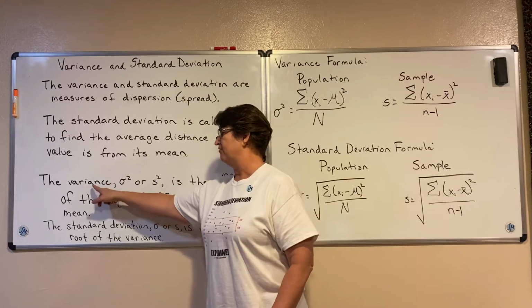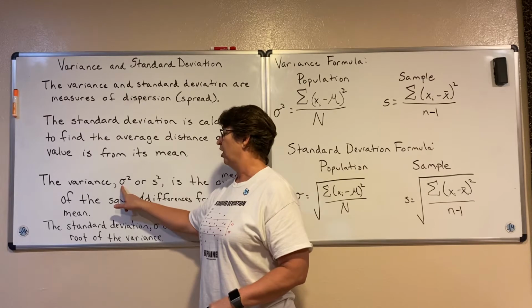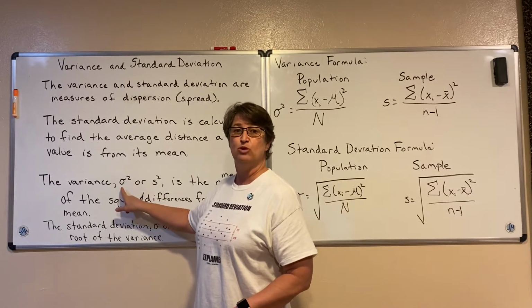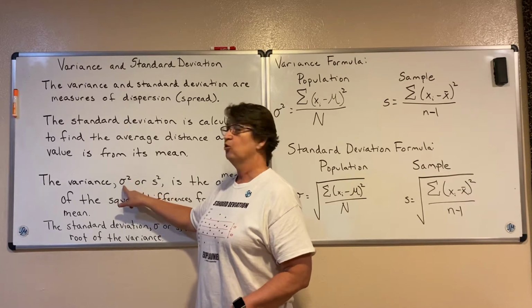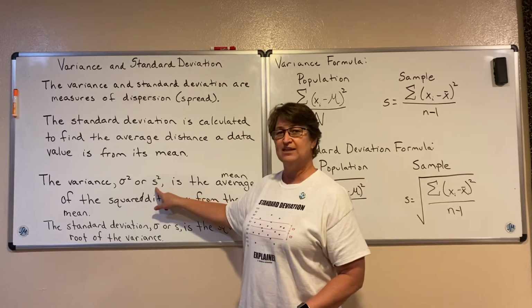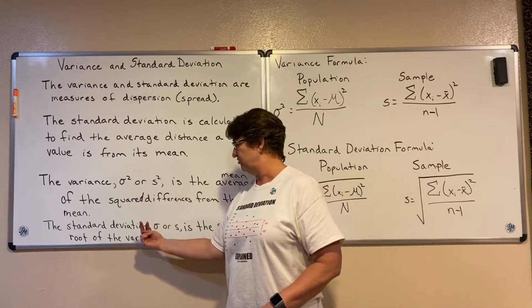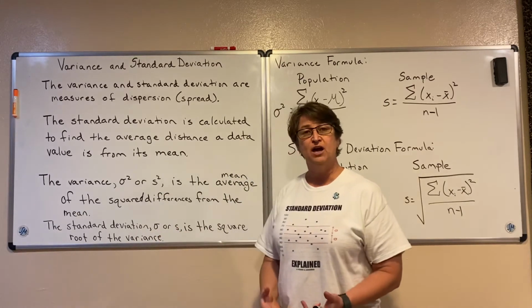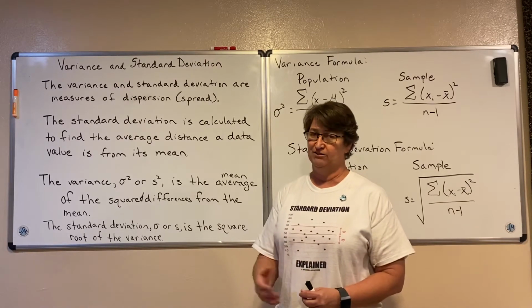Notice here that the variance we write as lowercase sigma squared when I'm talking about a population. I've got a census of data, but if I've collected a sample, I'm going to use S squared for the variance. Notice that for the standard deviation, it's the same symbols without the squared. And that's because the standard deviation is just going to be the square root of our variance.